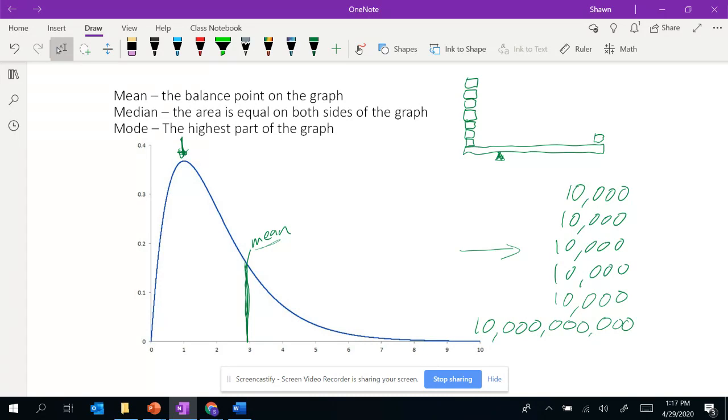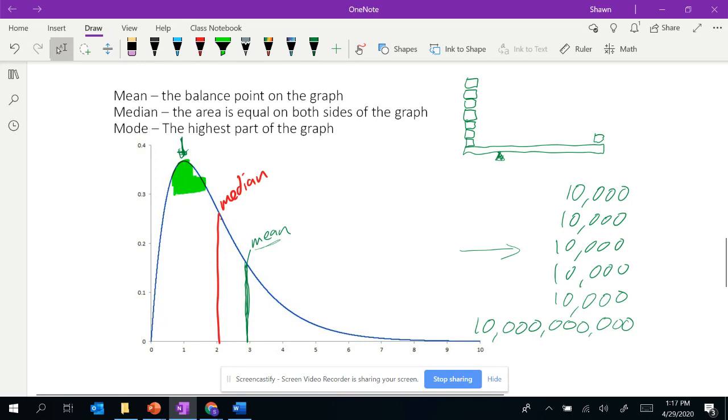Again, I would never ask you to calculate this from the graph, but let's take a look. If I look at this, I would say somewhere in this neighborhood right here is where the median is. That's completely just eyeballing it.